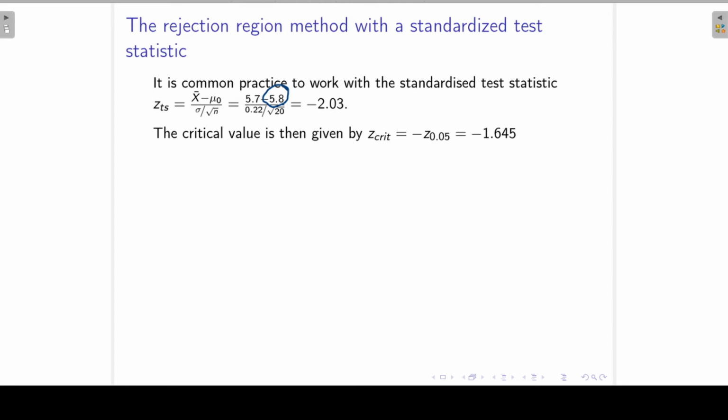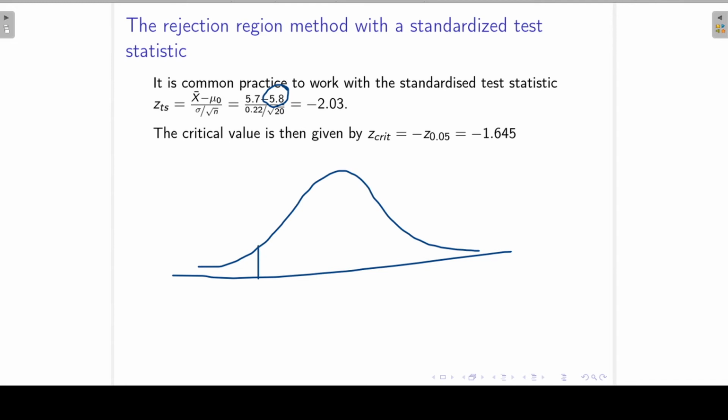And because we are working with a standardized test statistic, we can find the cutoff value or the critical value easily from the Z tables. So we want to find a Z value so that the area to its left is 0.05.